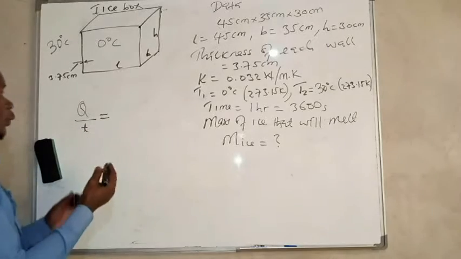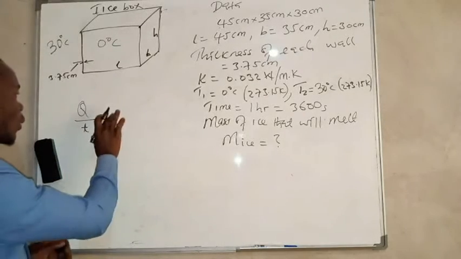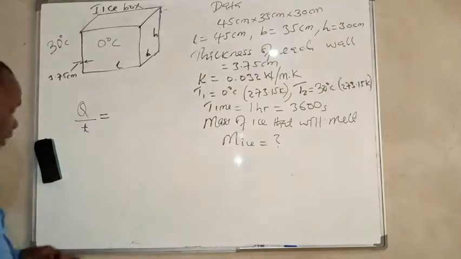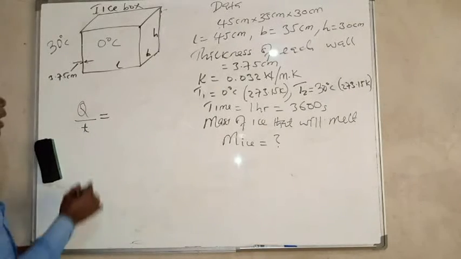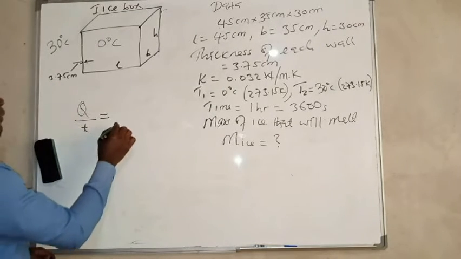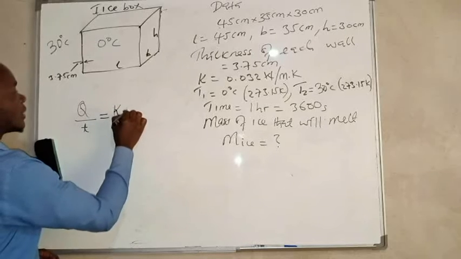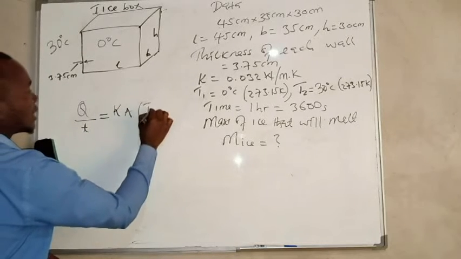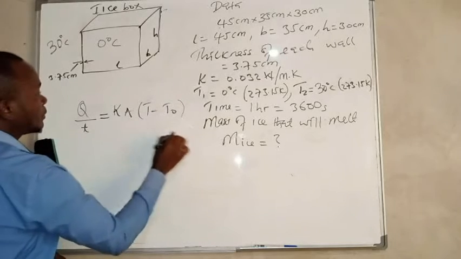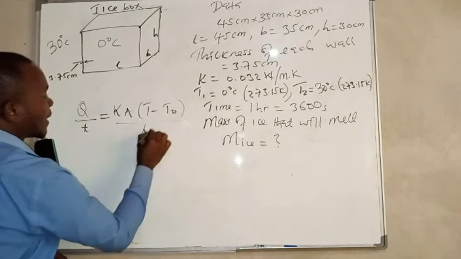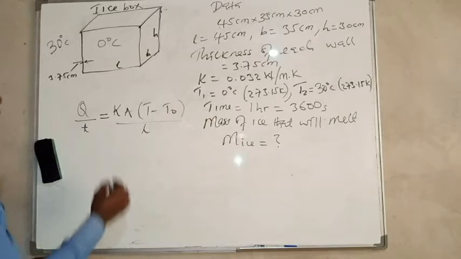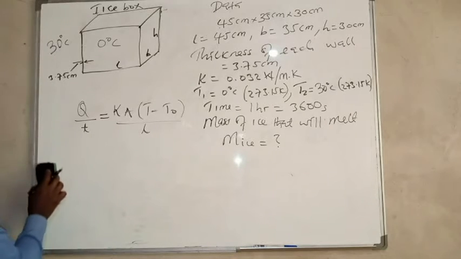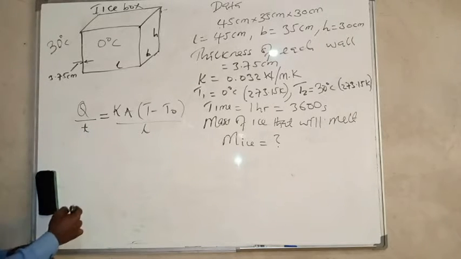The rate at which energy is transferred, Q over t, the heat over time, is equal to thermal conductivity times the area times the change in temperature over the thickness. So this is the rate at which this occurs.